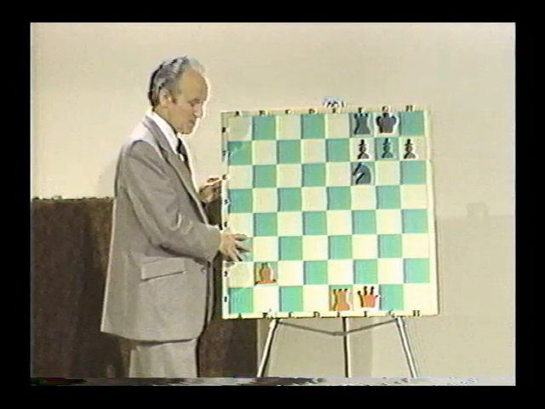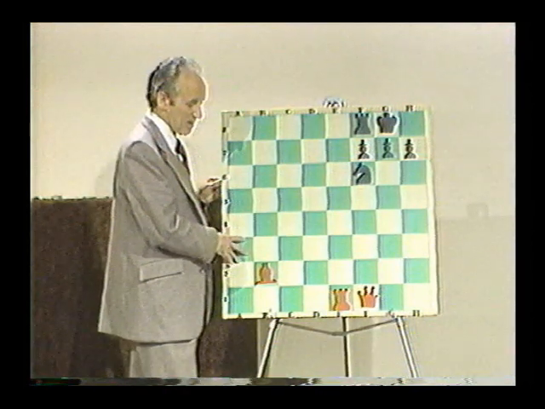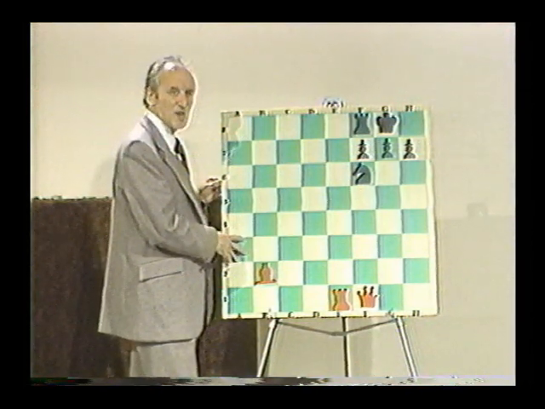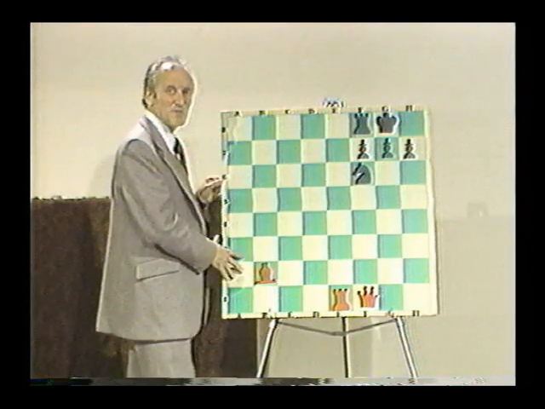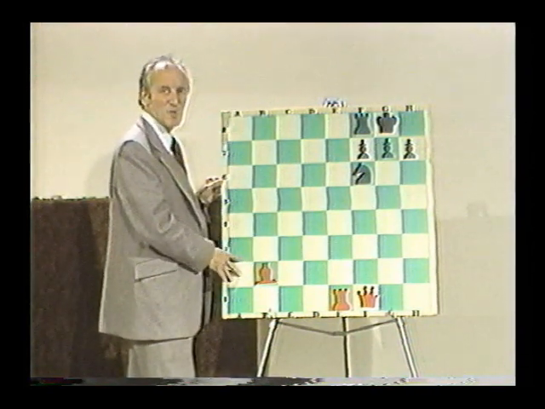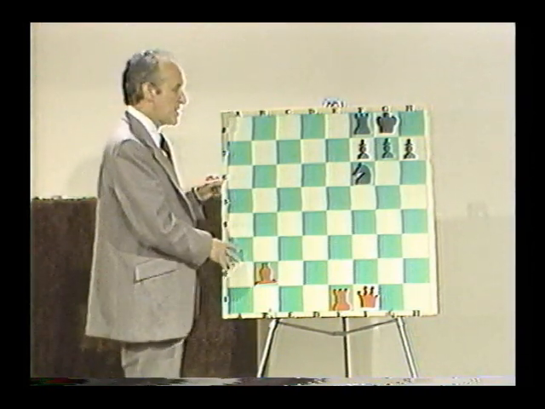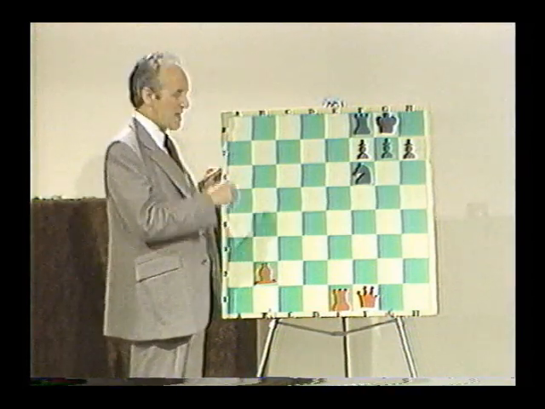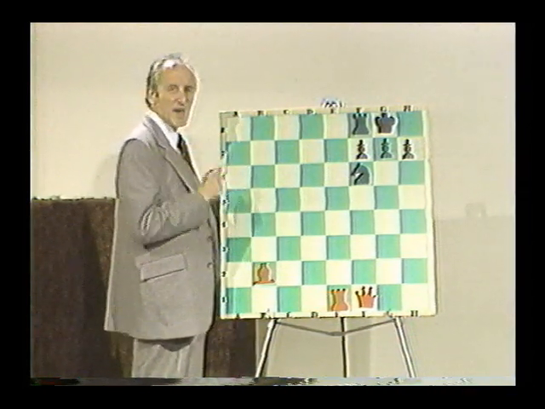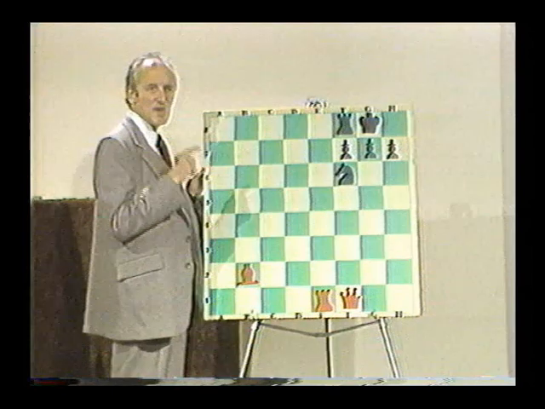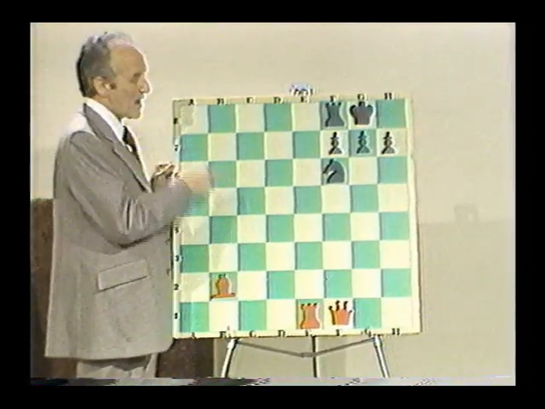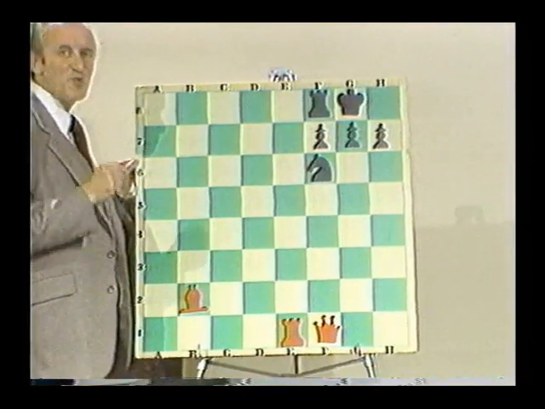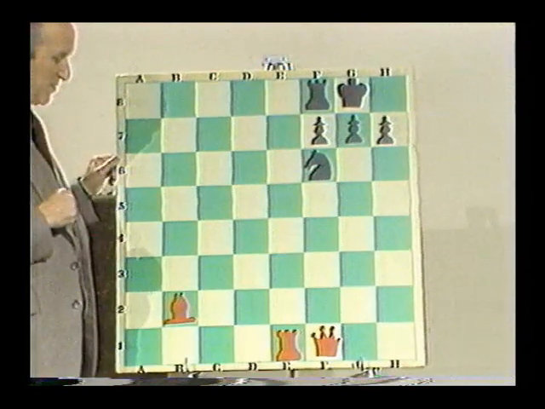I'm going to let you watch this, try and study it for a while, see if you can come up with a solution. I'm going to show you a whole bunch of these this evening. It's like a little quiz. But what I want you to get out of this quiz is the fact that any weakening of the castle position can be a tragic weakening on the opponent's side if you know how to take advantage of it.